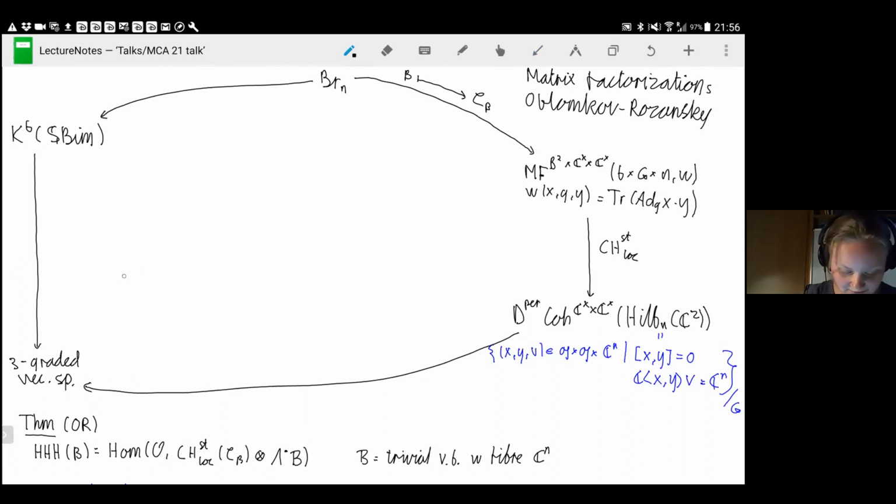GNR considers not exactly the Hilbert scheme, but a cousin of it, which is called the flag DG Hilbert scheme.